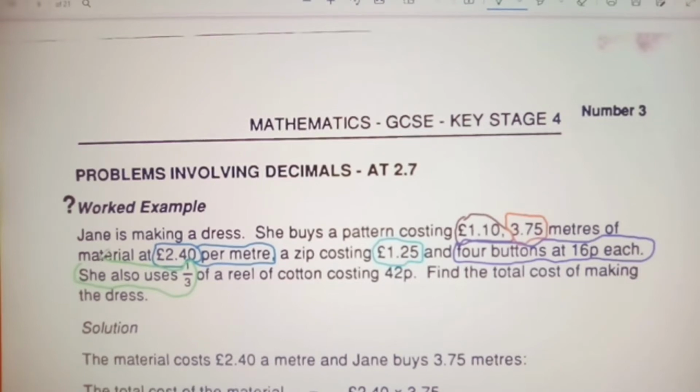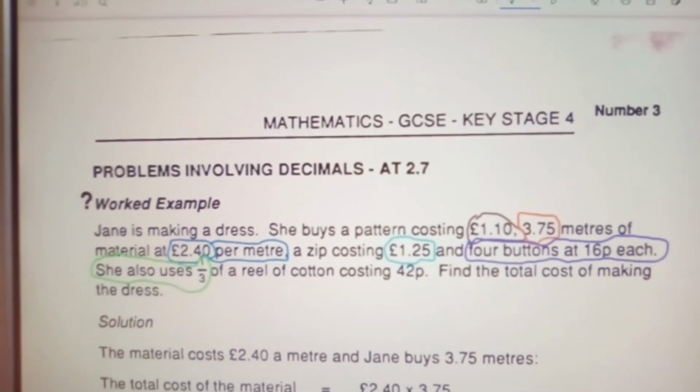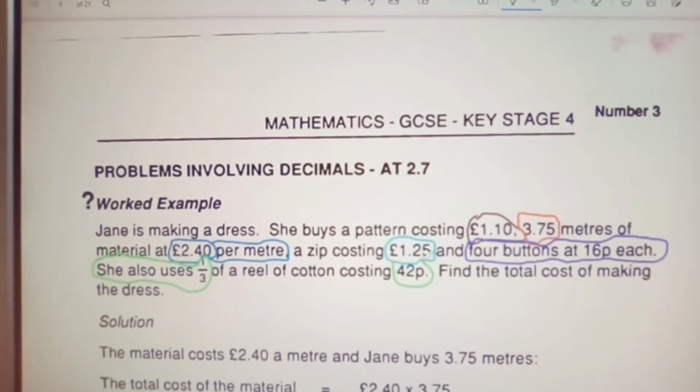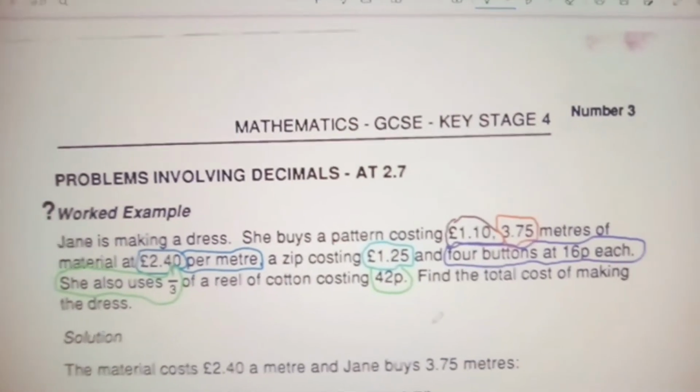I'm just trying to make sure that it meets up. And that costs 42 pence. I'm going to use this color because it's linked to the cotton. Find the total cost of making the dress.